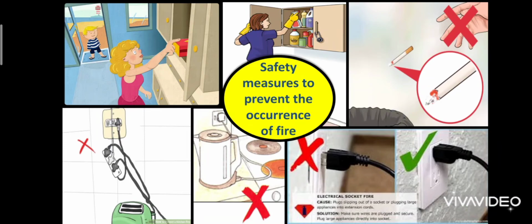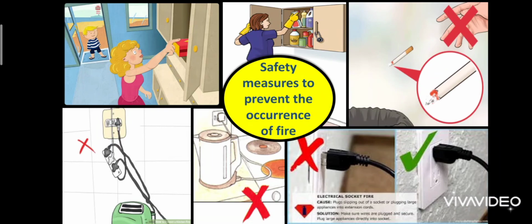For the next picture, you must also avoid this habit because it will lead to fire. Please do not plug in too many electrical appliances to a single electrical source, like you can see in this picture. This is very dangerous. This can lead to fire.